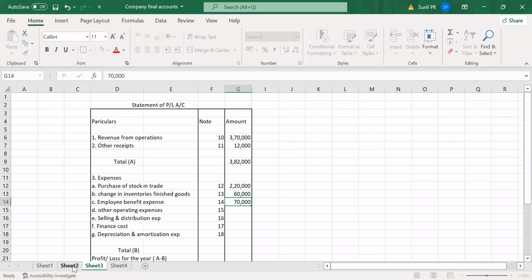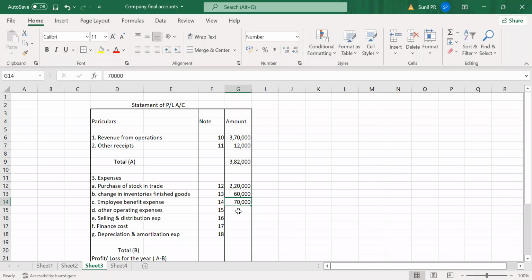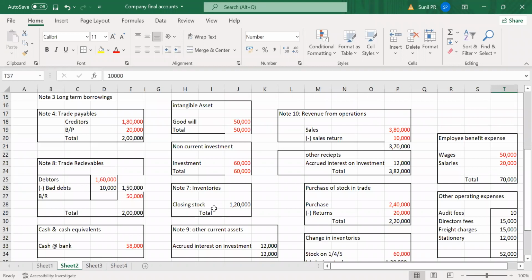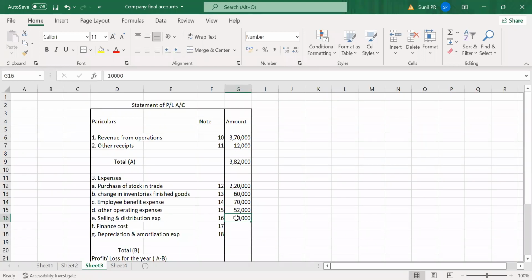Other operating expenses was 52,000. Selling and distribution expenses, only bad debts was there, 10,000. Finance cost, there is no finance cost here, leave it. Depreciation and amortization, depreciation on buildings was 8,000, write it here.